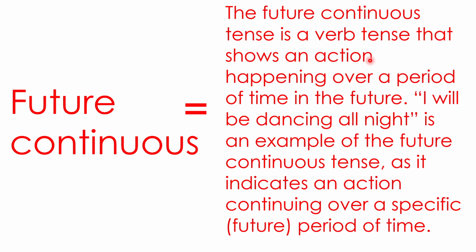The future continuous tense is a verb tense that shows an action happening over a period of time in the future. So, for example, I will be dancing all night is an example of the future continuous tense, as it indicates an action continuing over a specific future period of time.